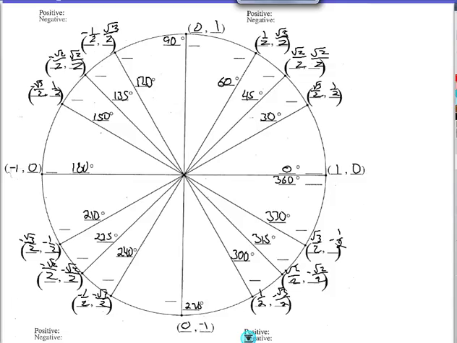What if I ask for the sine of negative 225-degree angle? Negative square root 2 over 2. The y value of the point at 225 degrees. Y'all with me?